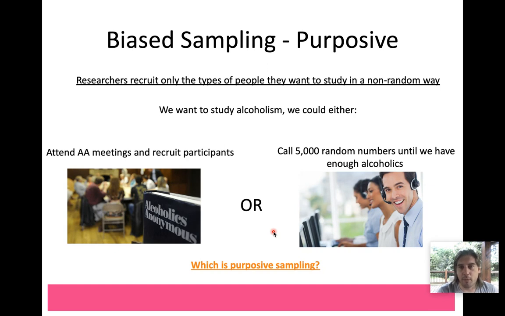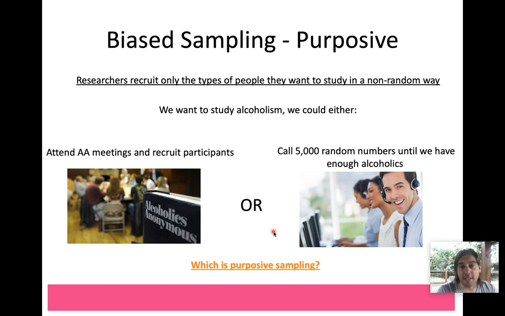So in purposive sampling, researchers recruit only the types of people they want to study, which seems fine, right? Within your population, but they do it in a non-random way by sort of purposefully going after particular types of those people.